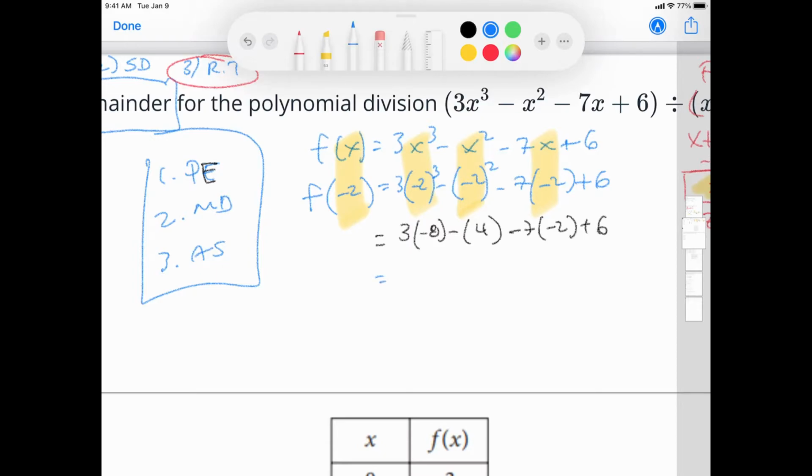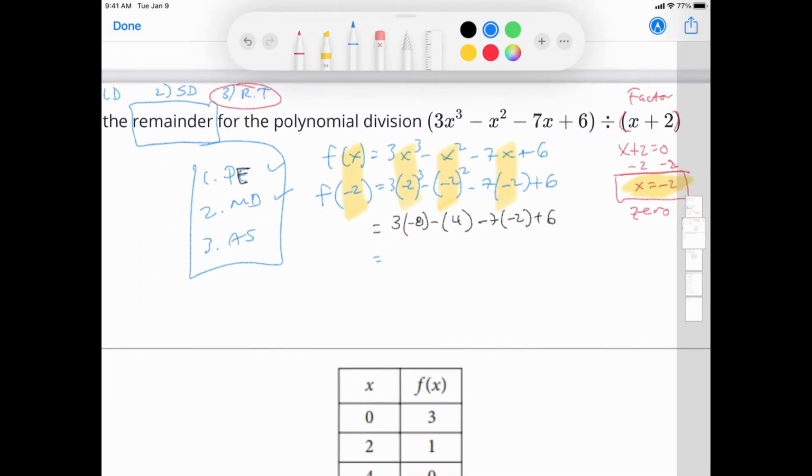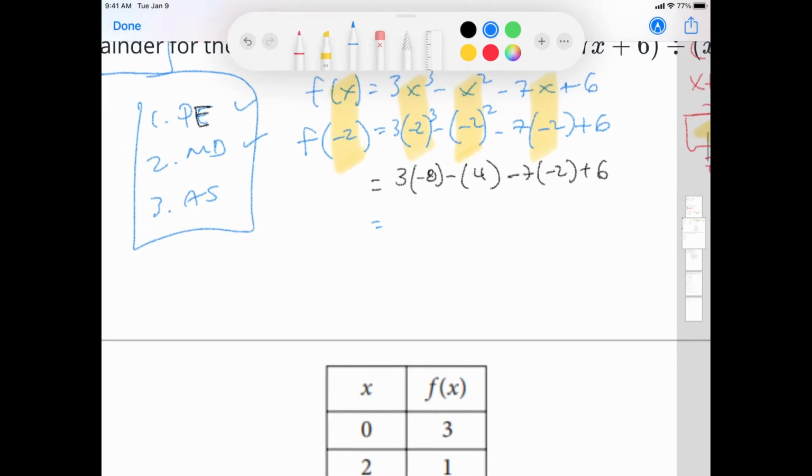Okay, now I'm going to use multiplication and division as I go from left to right. This would be negative 24, negative 4, positive 14, and plus 6. So I have negative 28 plus 14 is negative 14. Negative 14 plus 6 would give me an 8.